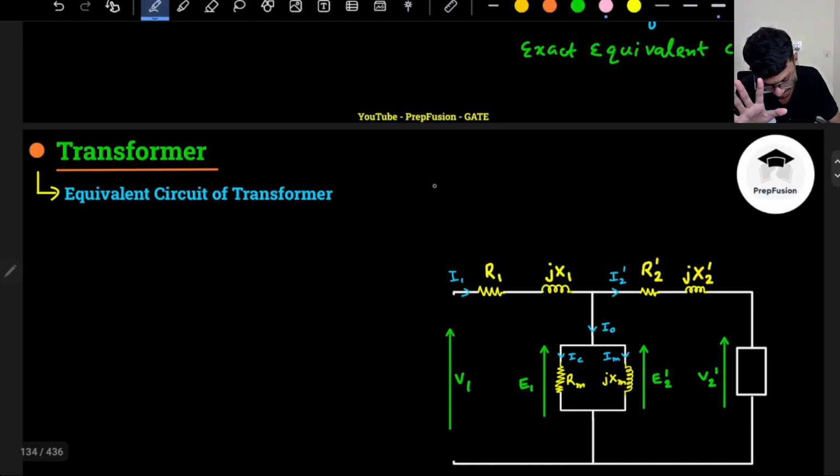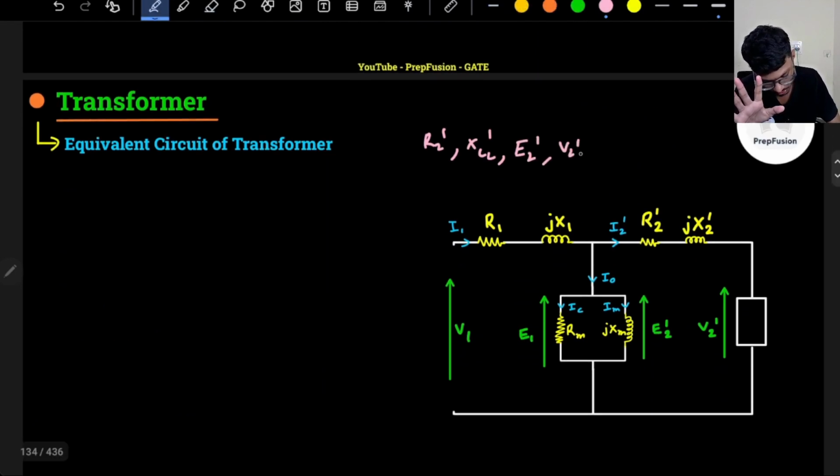R2 dash, XL2 dash, E2 dash, V2 dash, all these are referred to the primary. So I don't have to draw the transformer. You can draw it, but to avoid drawing it, I can write it like this. All these are referred quantities. Previously I was not referring, now I have referred.